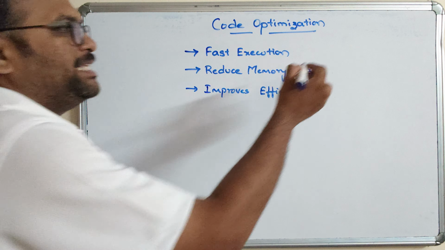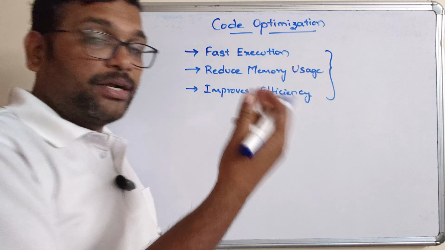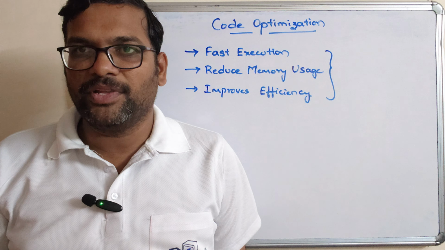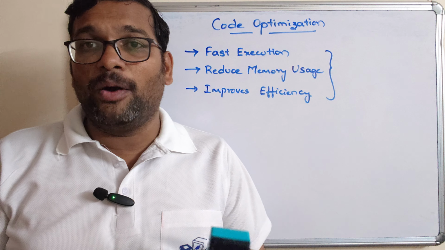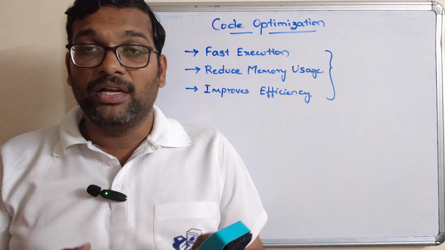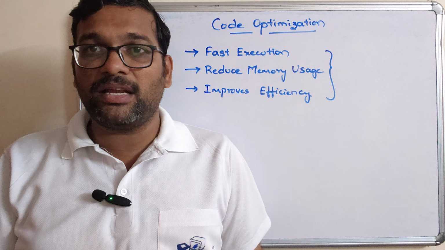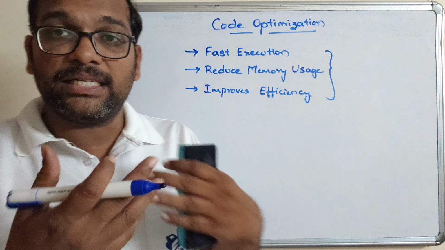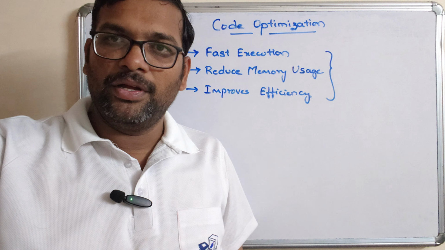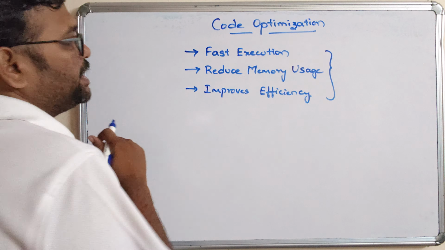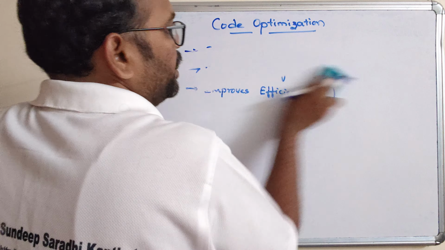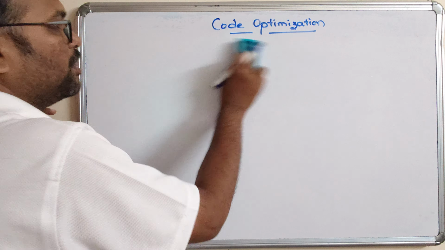So in order to achieve all these things, the target code should be optimized. So we'll see what the optimization techniques are, when the code will be optimized, how the execution becomes fast and how the memory will be reduced.